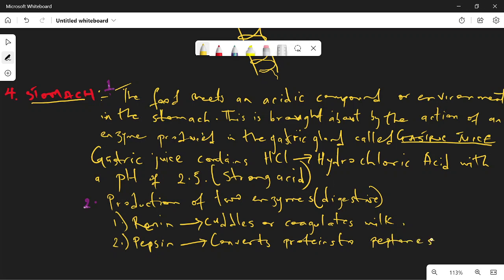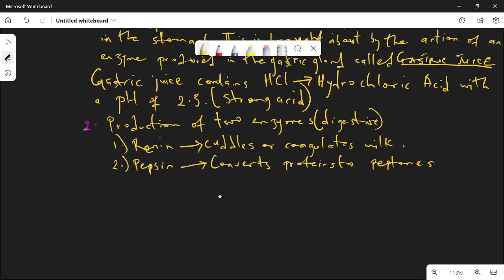So these enzymes here carry out a further digestion of the food we have eaten, so as to turn it into a semi-liquid. After these actions of the enzymes, the food is no longer going to be solid. It becomes a semi-liquid, which we refer to as chyme.